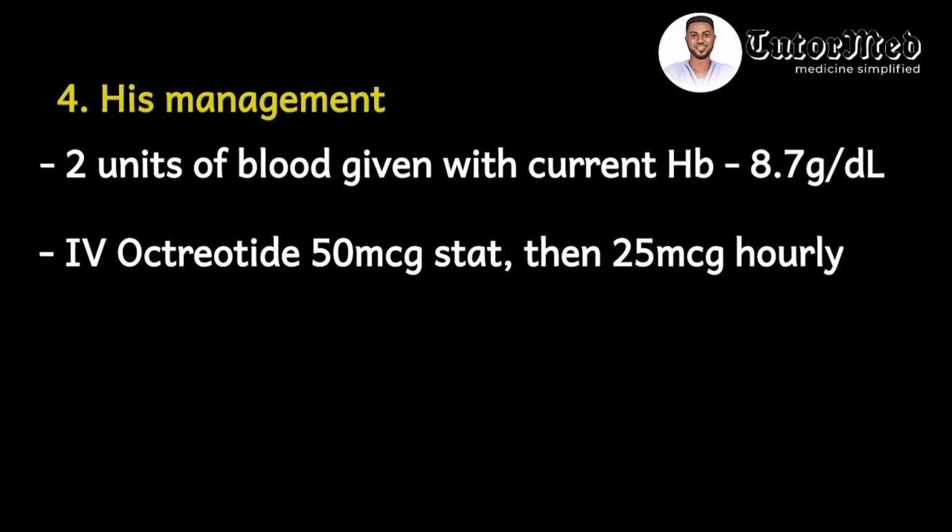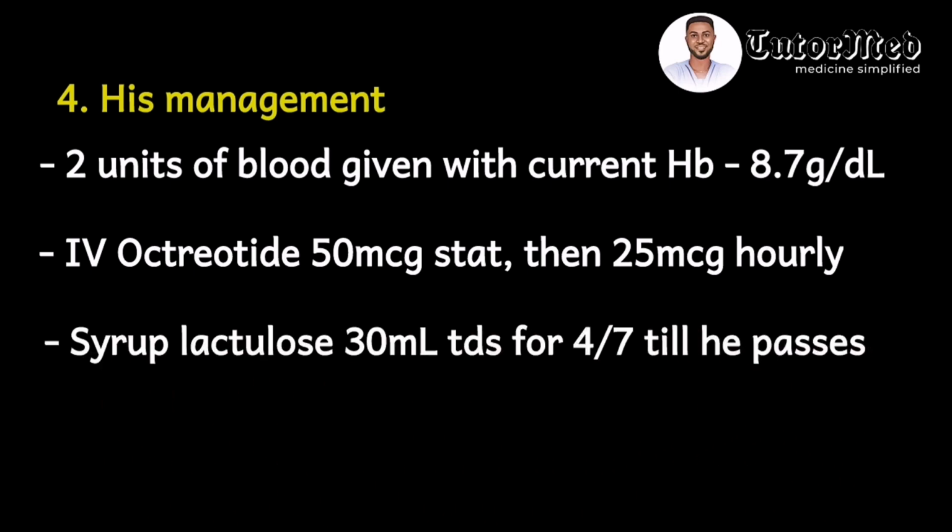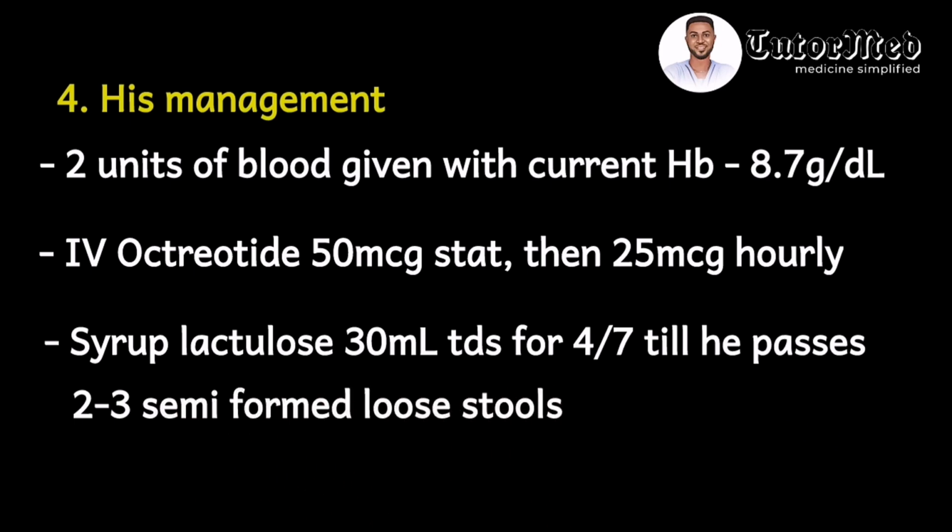Then we are giving syrup lactulose, 30 ml TDS, and he's done that for 4 days. And we monitor his stool till he passes 2 to 3 semi-formed stools. We also monitor the stool for the color to see if the upper GI bleeding is resolving, and currently the color seems better.